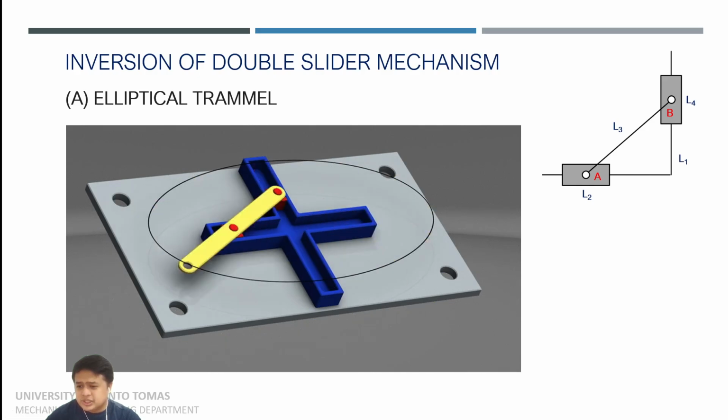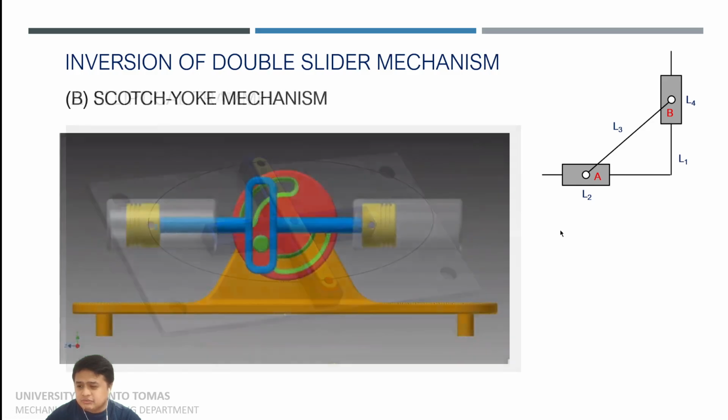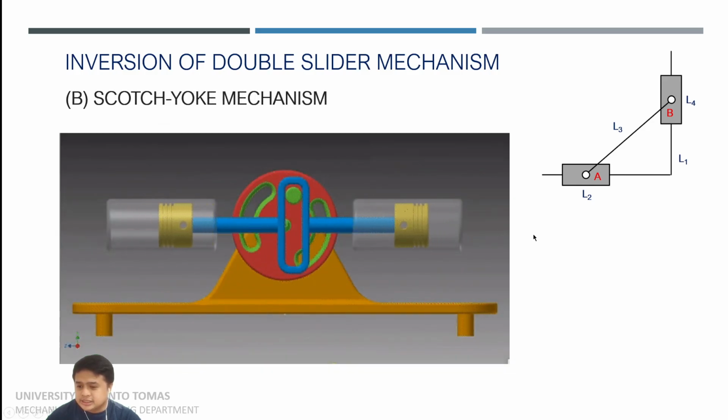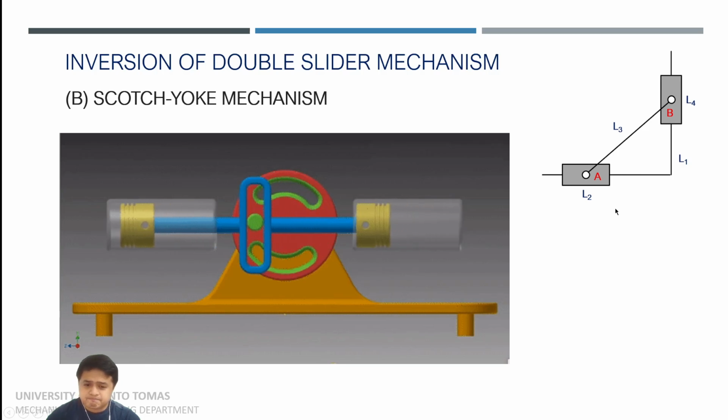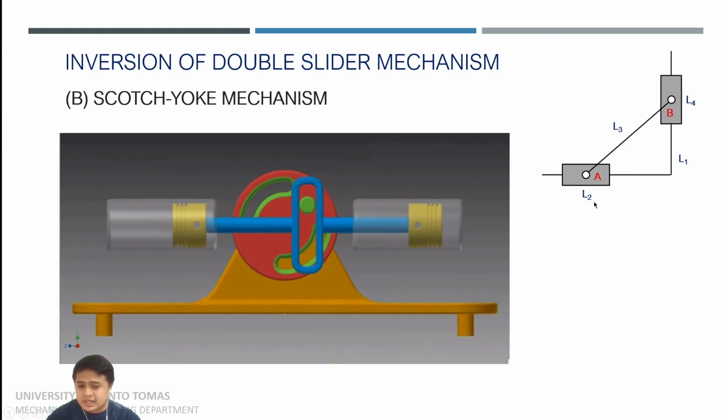As you can see, what happens here is if L1, the guideway, is the frame and is not moving, then L2 and L4 can freely move from each other, and you can create an elliptical trammel. So L1 here is fixed. Another inversion will be the Scotch yoke mechanism. The one that is fixed here, for this example, will be L2 or L4.